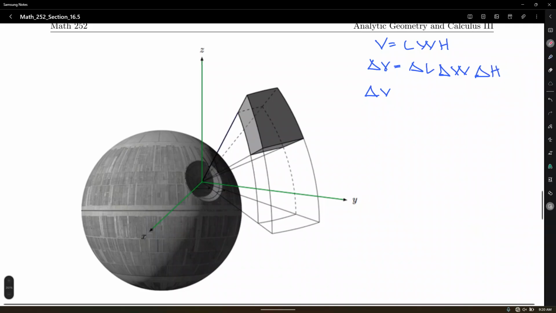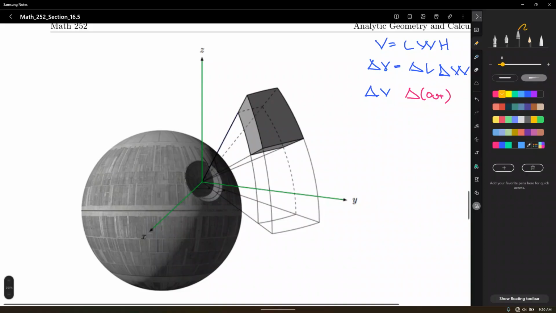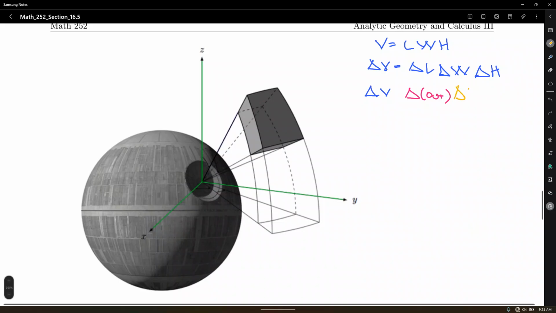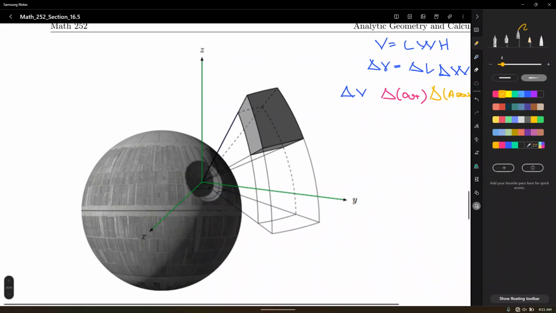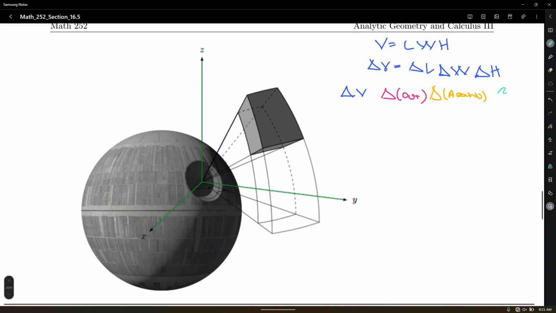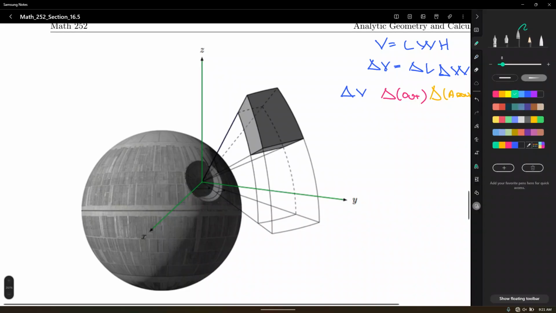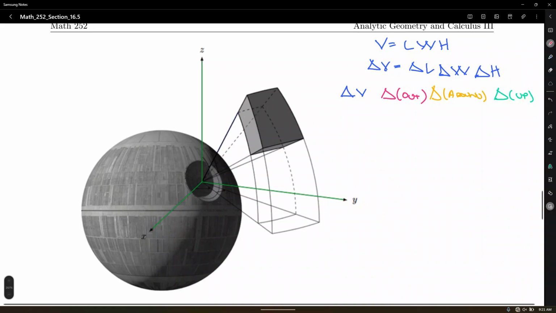Number one, delta out, delta around, and delta up. So, out of where, around what, up to where. Okay, so let's describe each part.